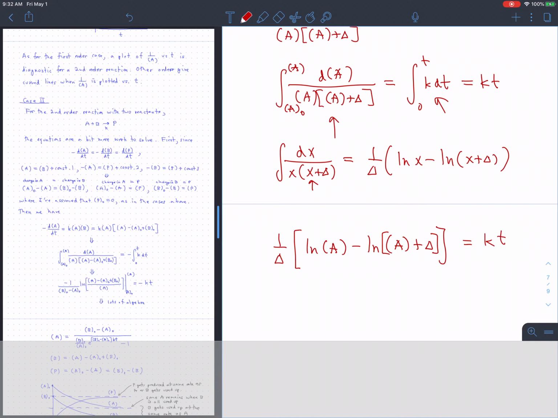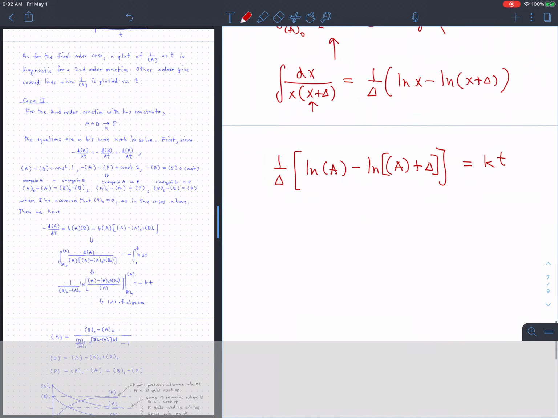That's our answer so far, and now there's a bunch of algebra to do, and it's not illuminating or useful to go through it. It will take a bunch of time, so let me just write the answer down.